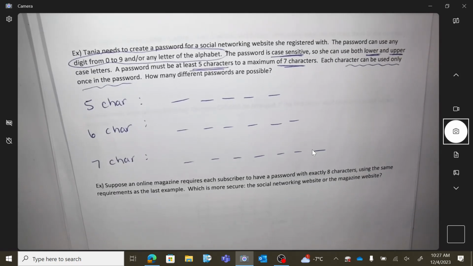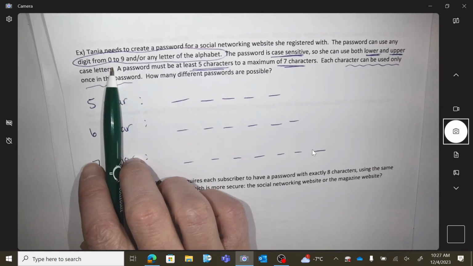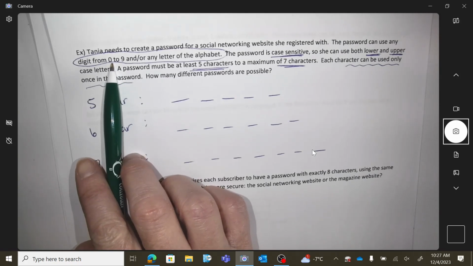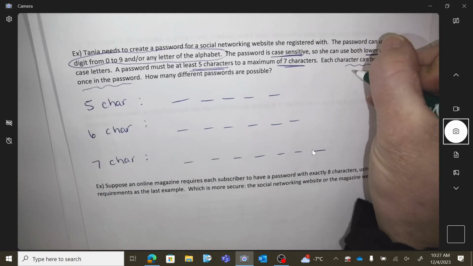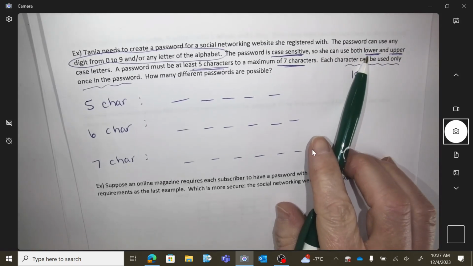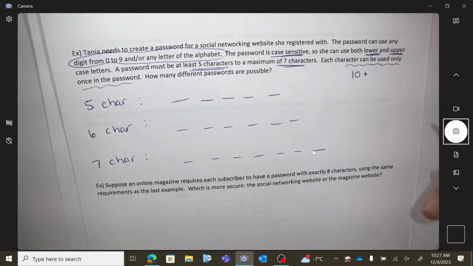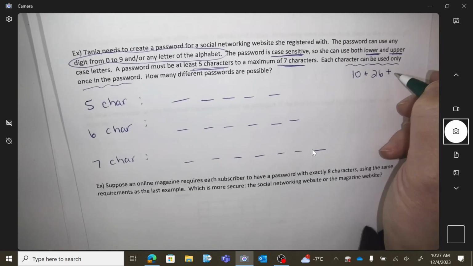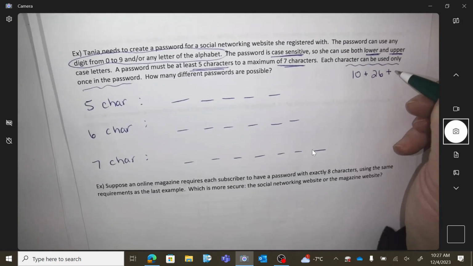Okay, so here's what's happening. How many options do I have available in my password? I'm allowed to use any of these digits, so how many options is that? 10. I'm allowed to use any lowercase letter. How many letters are in the alphabet? 26. Plus, I'm allowed to use any uppercase letter.